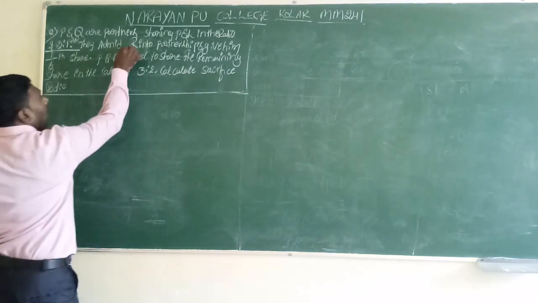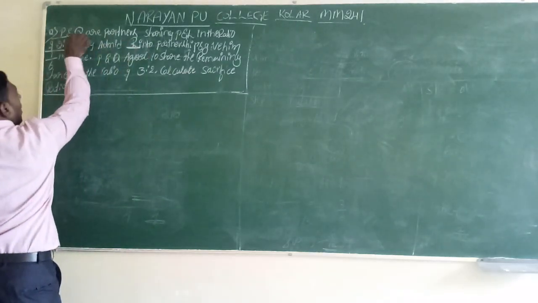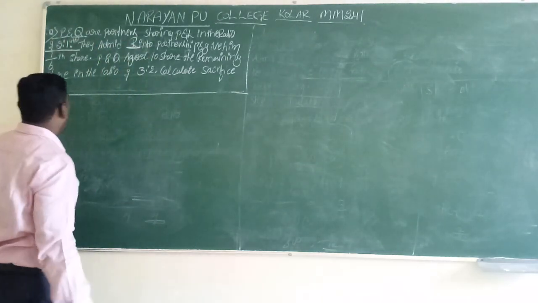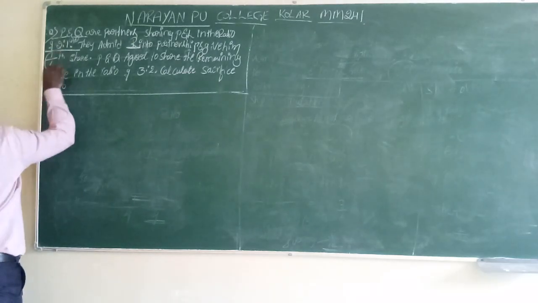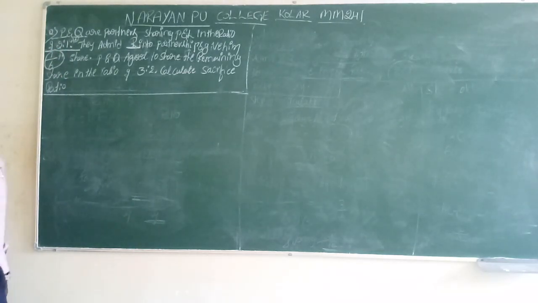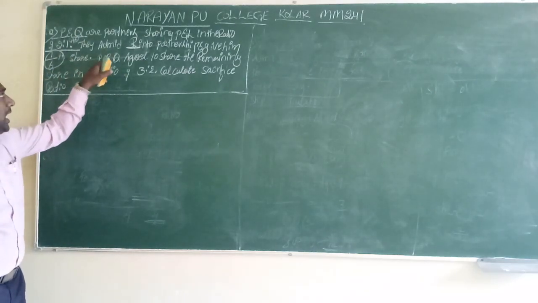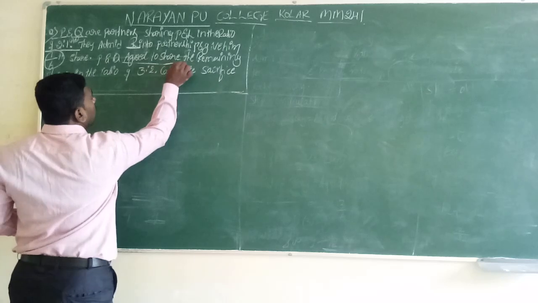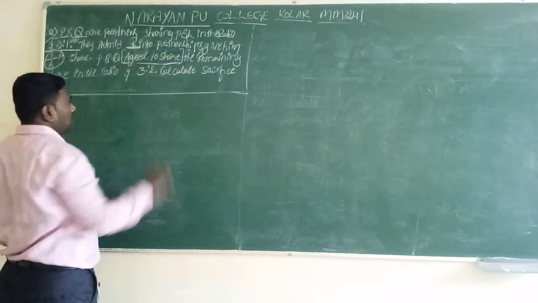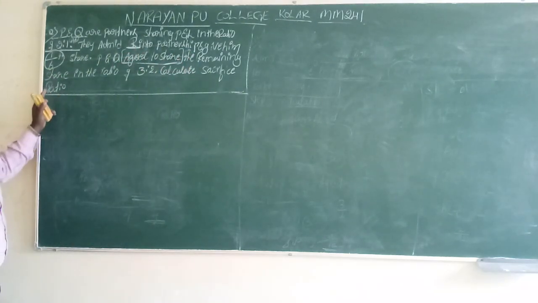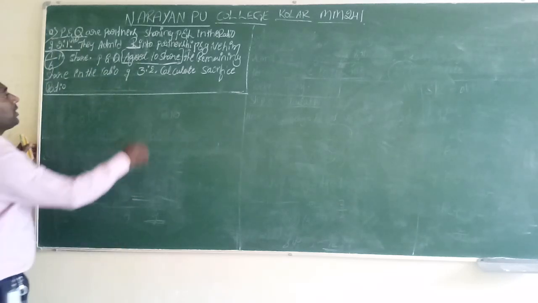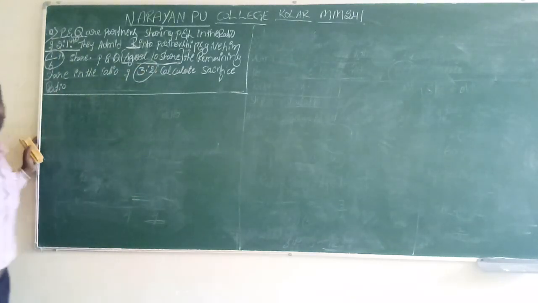They admit R, the new partner, into partnership and give him 1/6 share. So in the question itself the new partner's share is given, that is 1/6 share. P and Q agreed to share the remaining share in the ratio of 3:2, so the agreed share is also given. So with the help of these 3 pieces of information we have to calculate the sacrifice ratio.